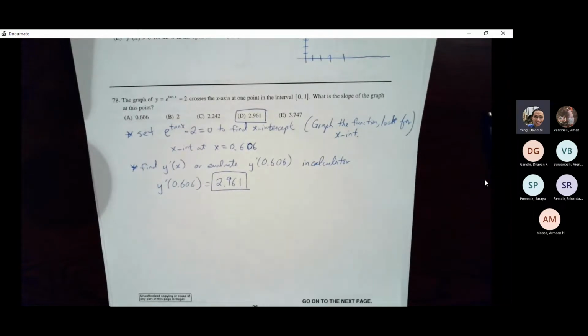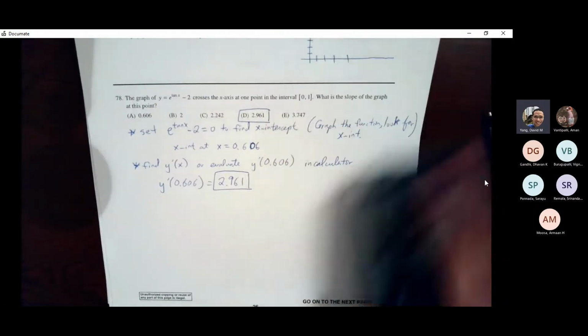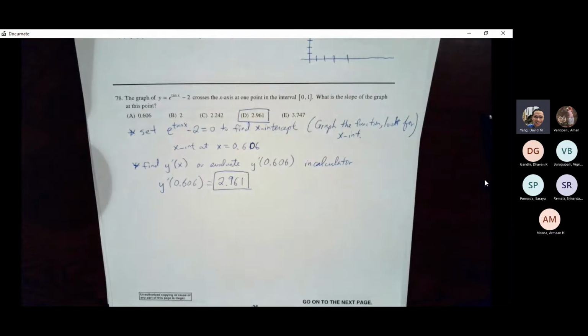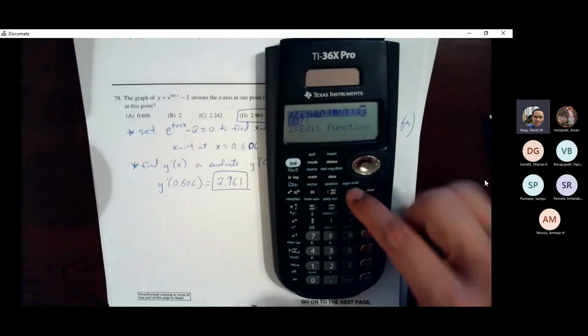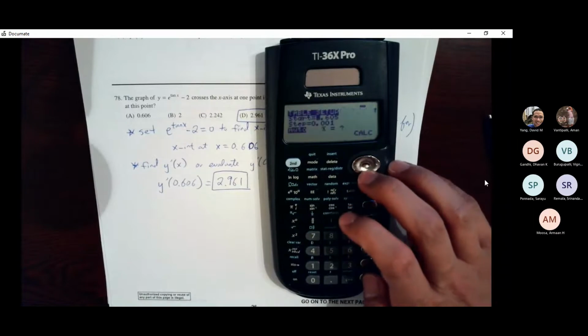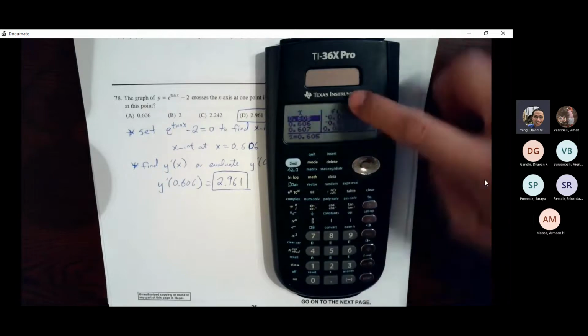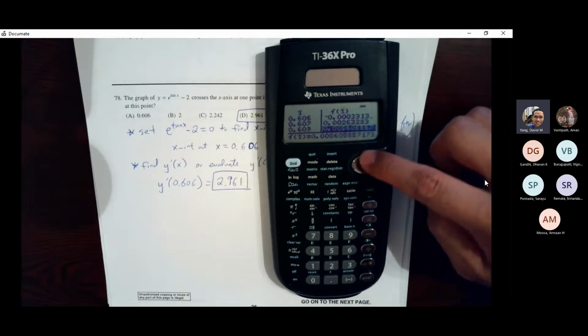I don't have my graphing calculator on me right now. I'll have it tomorrow. But here, once I find that 0.606, another way you can do this, maybe not as efficient, is to type it into your 36 Pro table edit function, and just look to see when my graph is going to cross the x-axis, meaning when my y value is going to change from one side to the next.